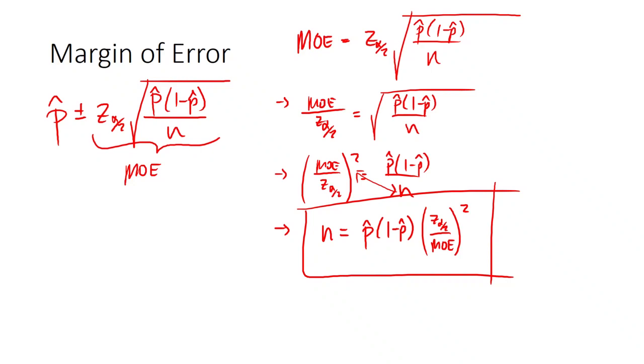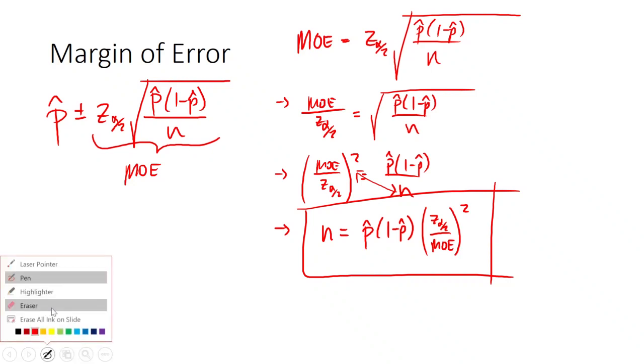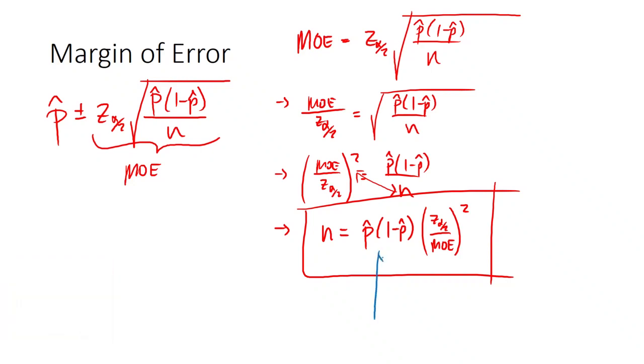Now, there's an important note here, because this requires some estimate of the p hat. The p hat is built into it. So this formula will work if you have a preliminary sample. If you've already taken a small sample and you have an idea what the p hat is going to be, then you could use this formula to figure out how many more samples you need to get your margin of error down where you need it to be.